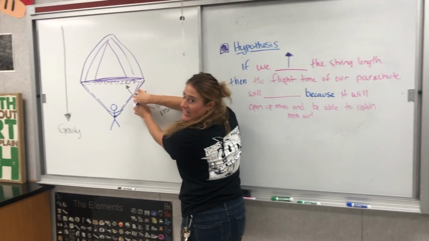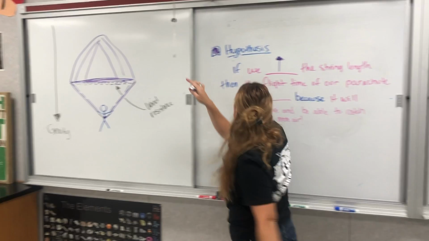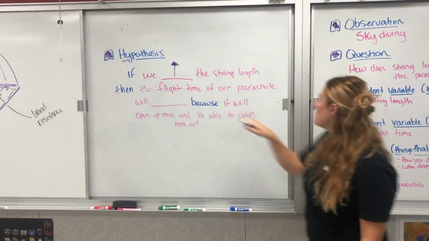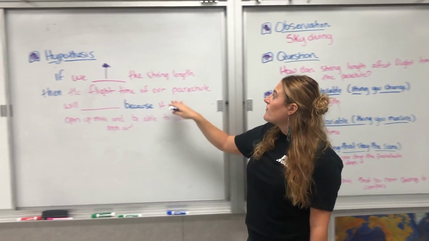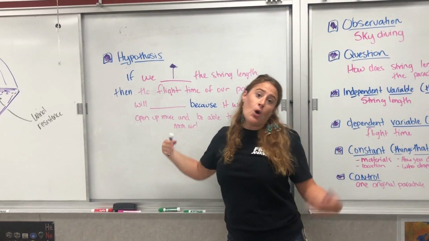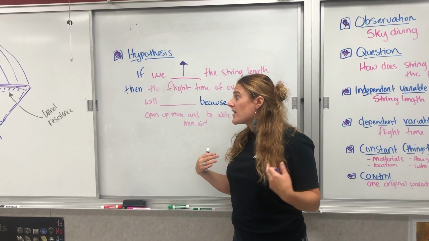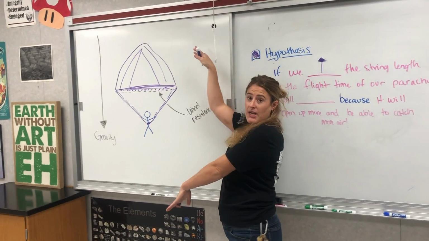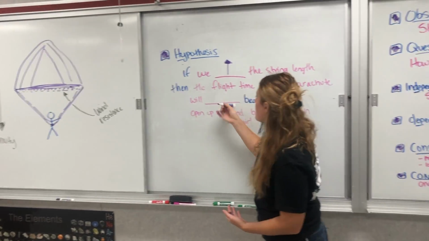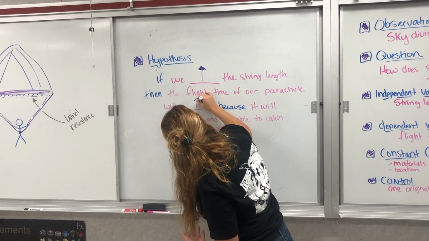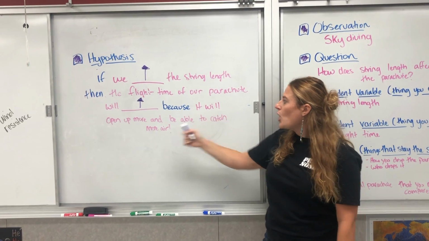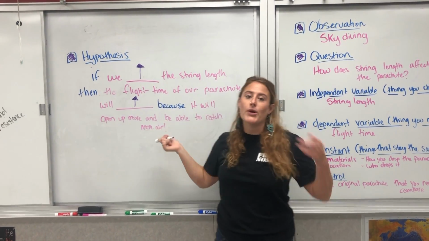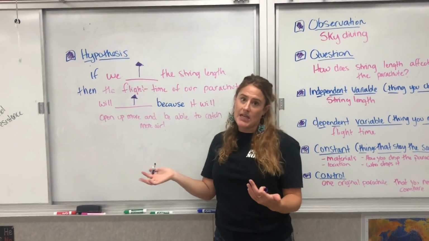So if we take this length and we make it larger, then the flight time, which was our dependent variable, of our parachute will go up, go down. So I personally think that if we take the string length and we make it bigger, the flight time will go up, because it will open up more and be able to catch more air. This is my scientific reasoning behind this.